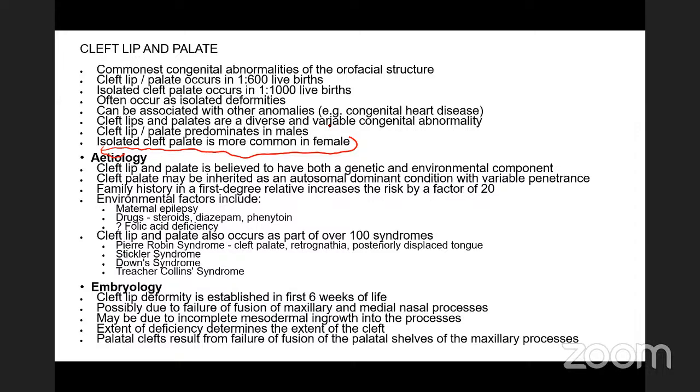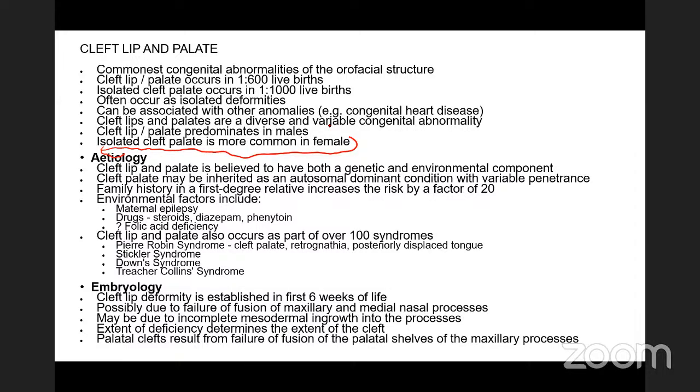Environmental factors include maternal epilepsy, drugs, okay, like steroid, diazepam, phenytoin, and folic acid deficiency, which is queried here. Cleft lip and palate also occurs as a part of over 100 syndromes. So you can have syndromic cleft lip and palate and non-syndromic cleft lip and palate.